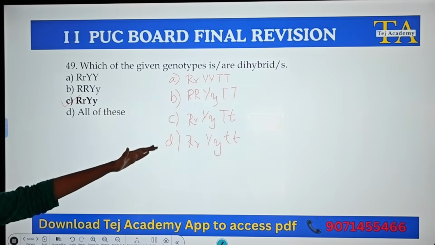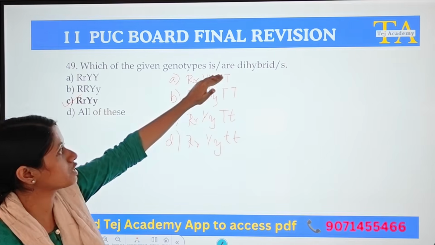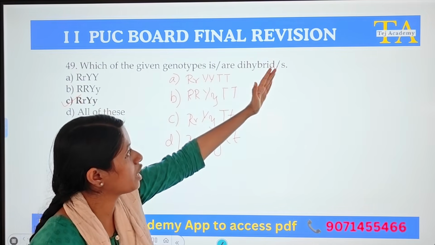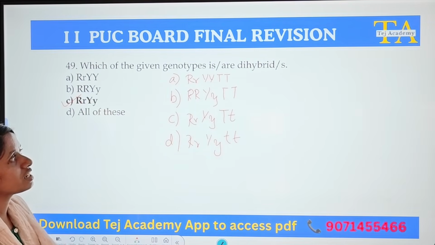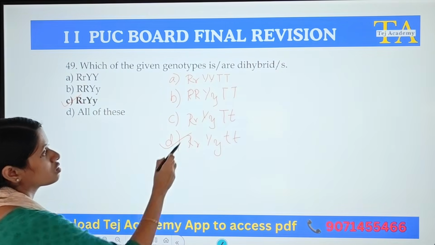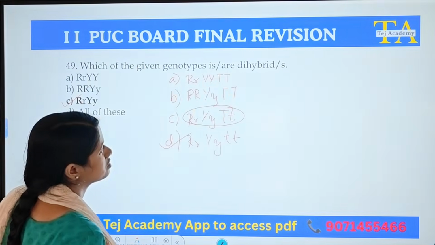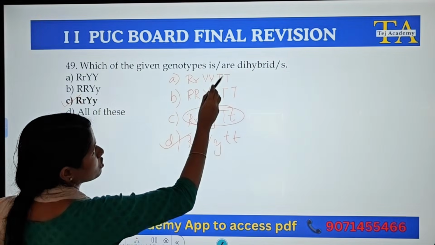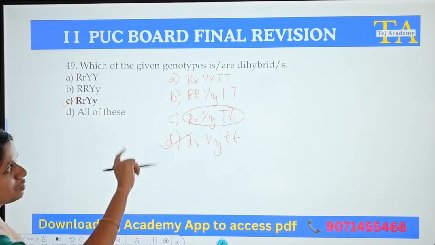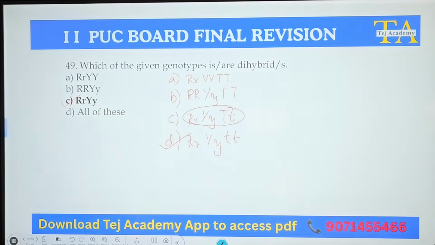If you check this and if the same question is there, that is which of the given genotype is or are dihybrids, then the right answer here will be this one, not this one, because those are trihybrids, okay, and here there is no hybrids, only one hybrid is there, and only in this case there are dihybrid.